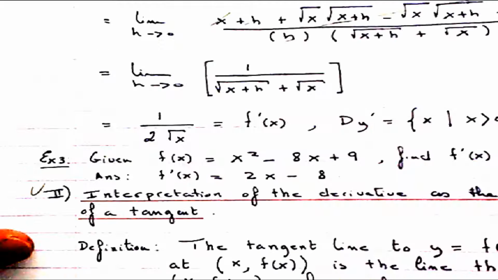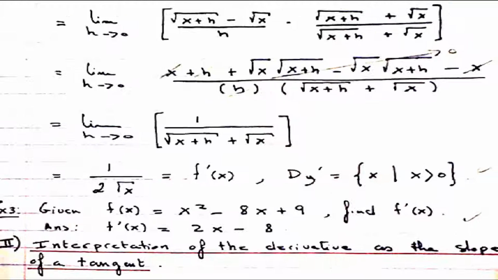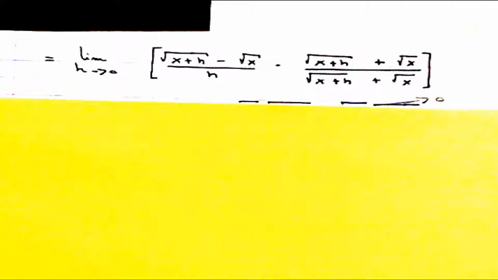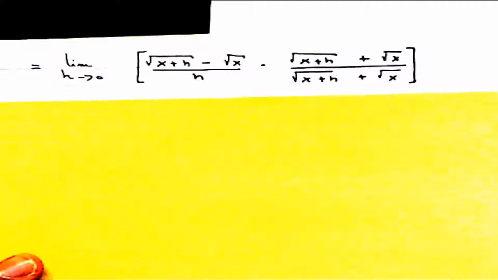So it became as the following. Remember, you want to substitute x plus h into the radical, which is the square root of x, and it became as the following. And you have to take what we call the conjugate.